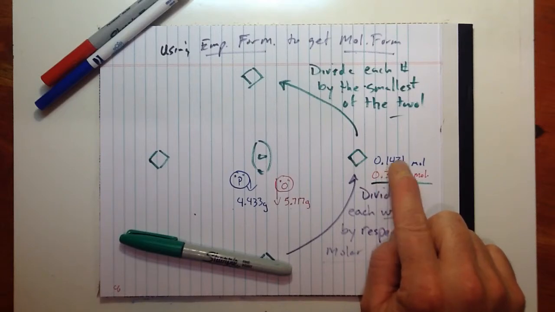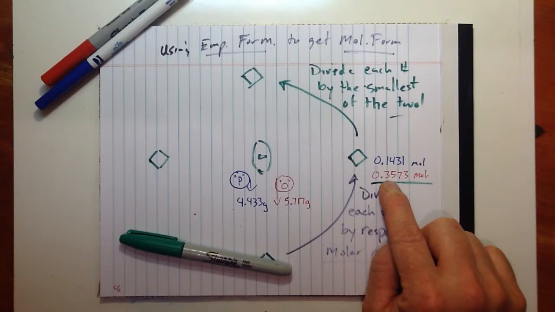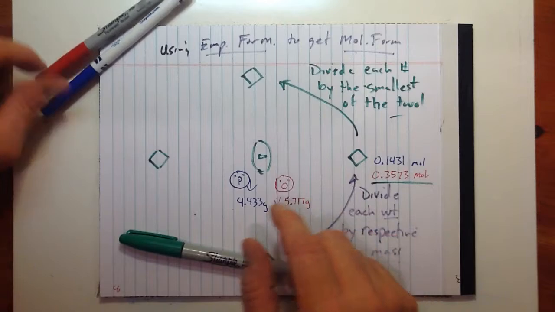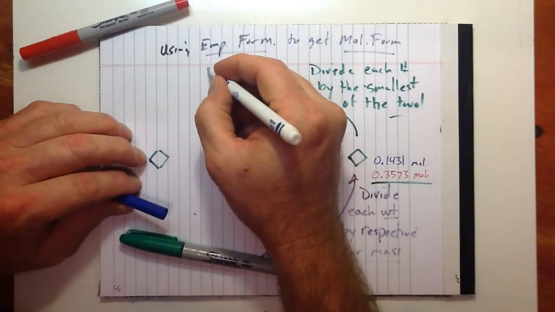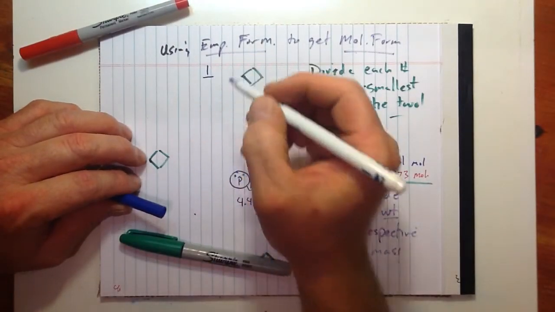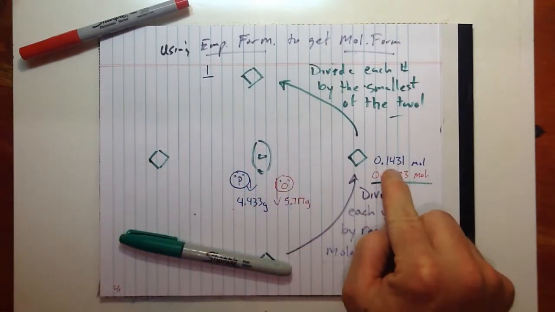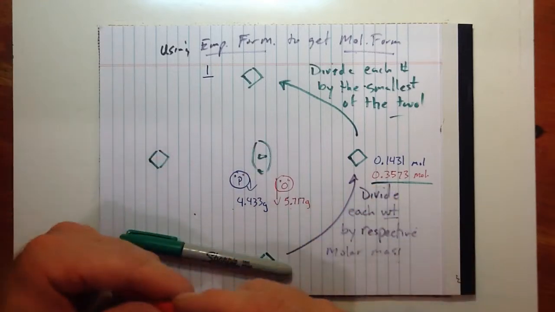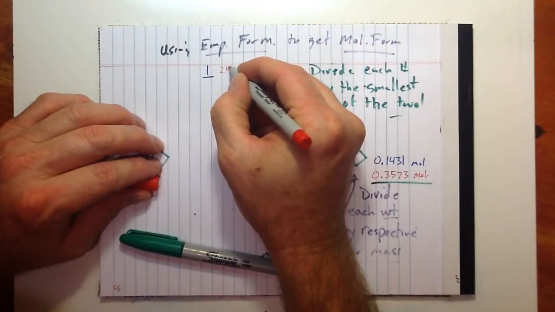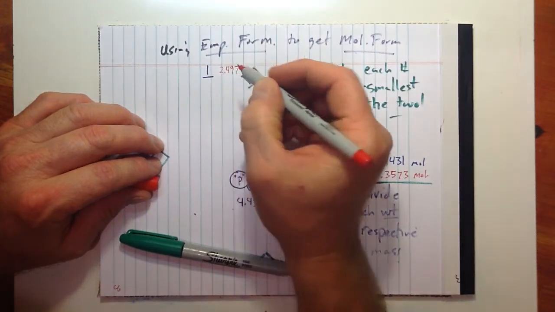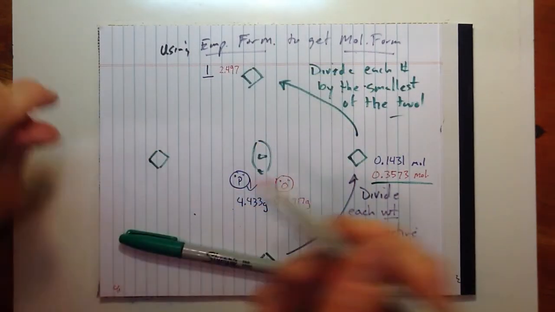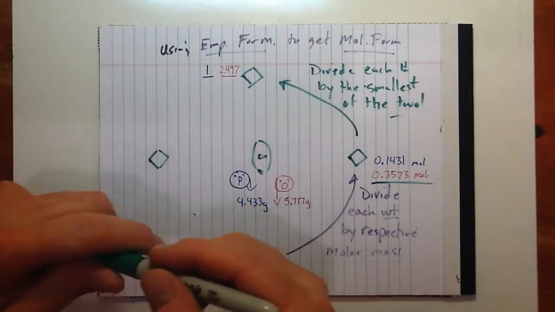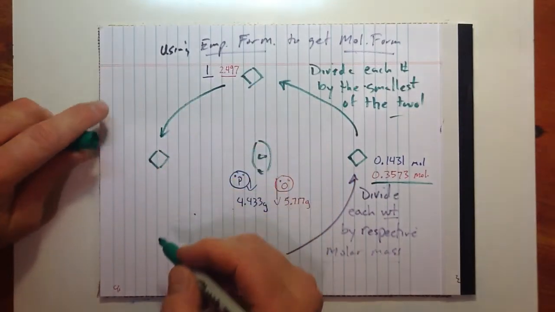We're going to divide that by itself and divide this one by 0.1431. If you do that, of course in blue, we're going to put this right near second base. You'd have a 1 as a value, because 0.1431 divided by itself would be 1. And then this one here is going to give us 2.497. So pretty close to 2.5. That's going to be important as we move from second base to third base.